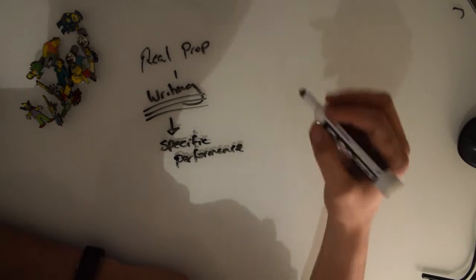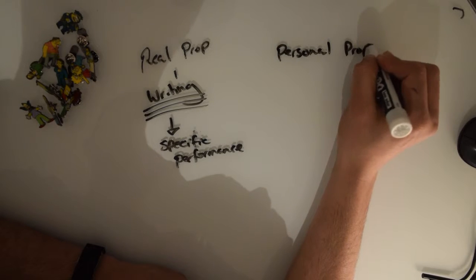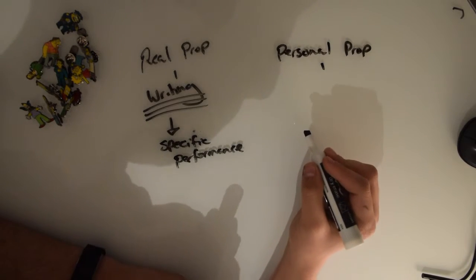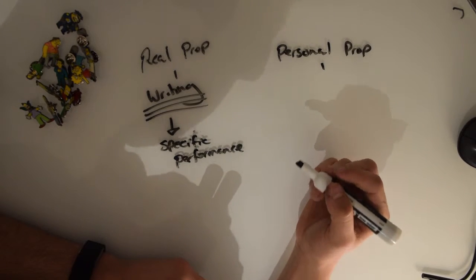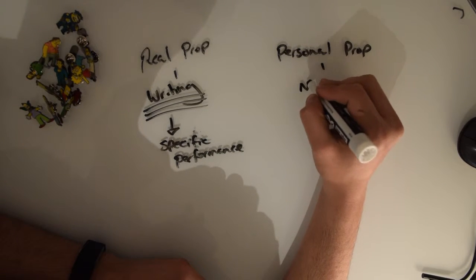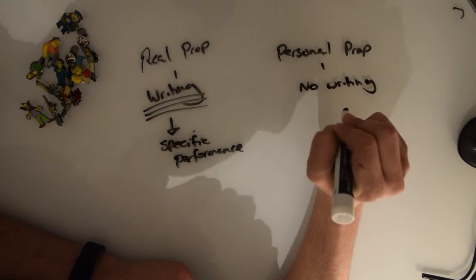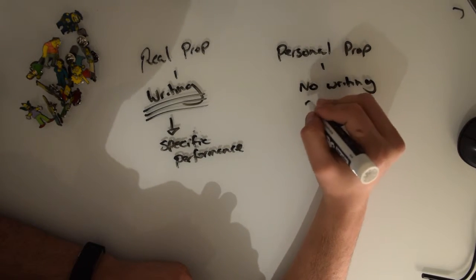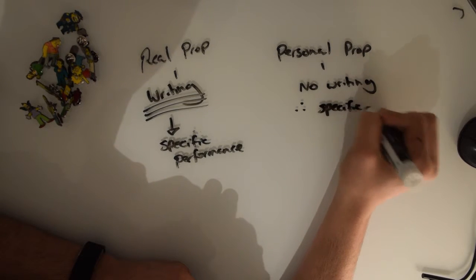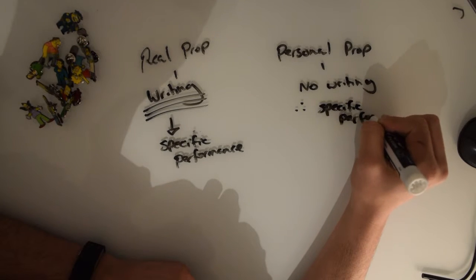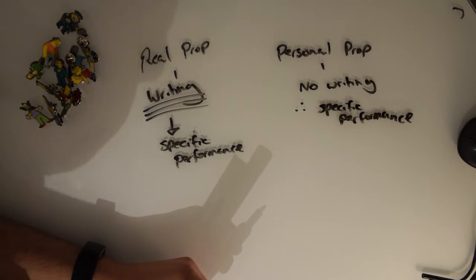Now, for personal property, the transfer of personal property does not require writing. Therefore, specific performance is not available as a remedy.